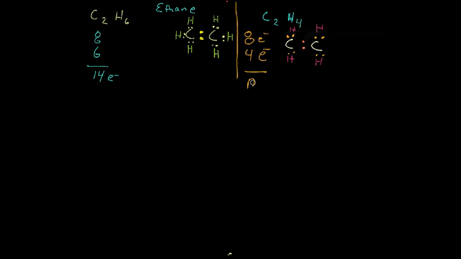That's 12 electrons total. If we don't use 12 electrons in our Lewis dot structure, we've done something wrong. So we've got 2, 4, 6, 8, 10 electrons in our Lewis dot structure here. So I just need to add 2 more. Let me add 2 more right here.